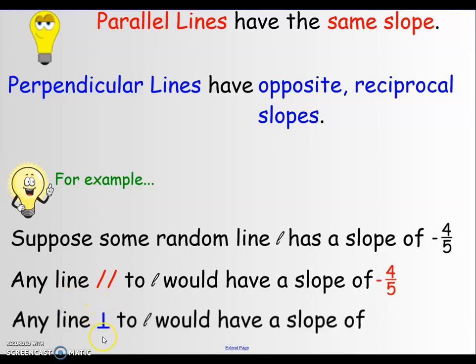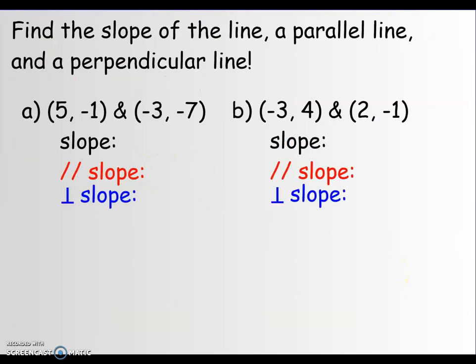Any line perpendicular to L, remember our symbol for perpendicular, an upside down capital T, would have a slope of opposite reciprocal. Since L was negative, this slope would be positive, and reciprocal means you flip the number, 5/4. So let's take a look at some examples of how we might do these problems.